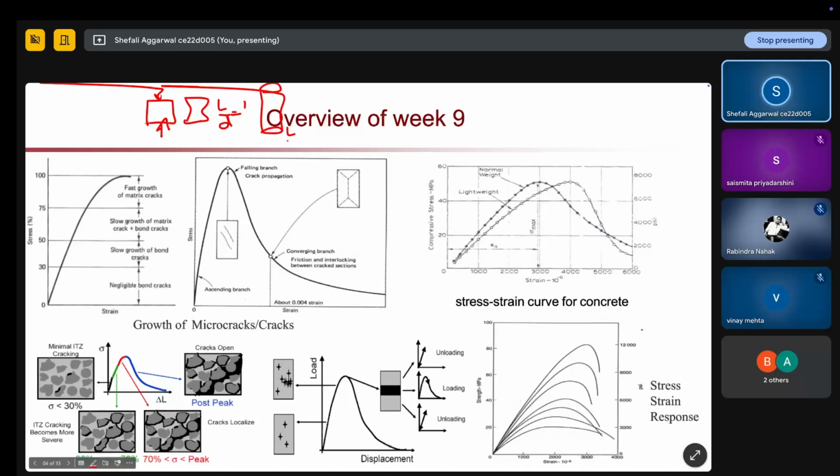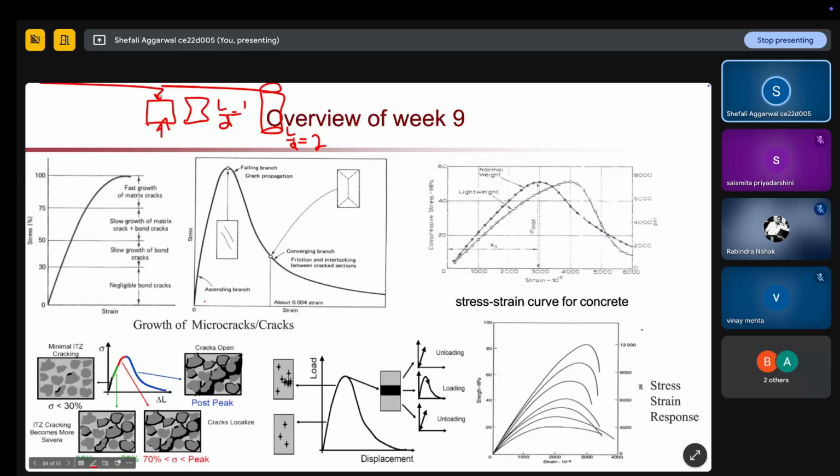So your L by D ratio will be approximately equal to 2. In that case your deformed shape and your strength value will be very different from your cube value. Okay, so it's not just the concrete mix design which is affecting our resultant strength, it will be the shape of your testing system also.